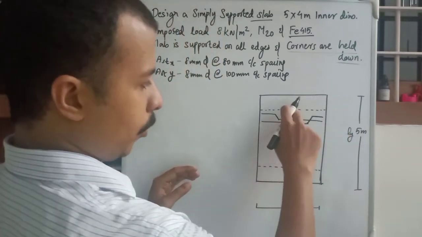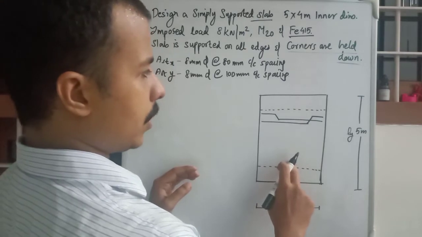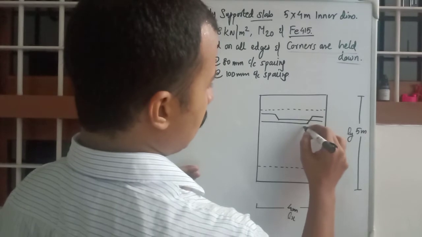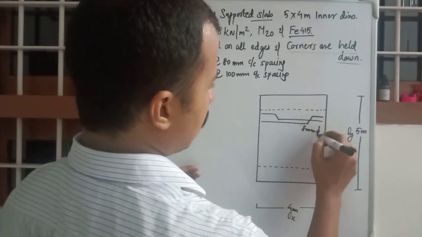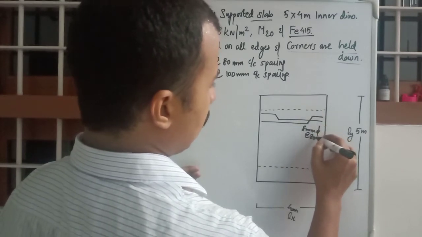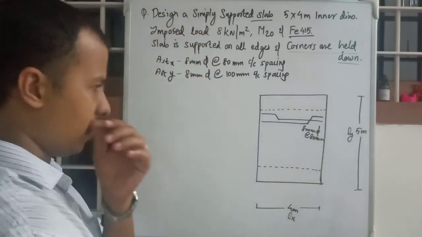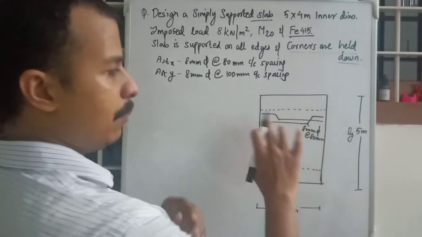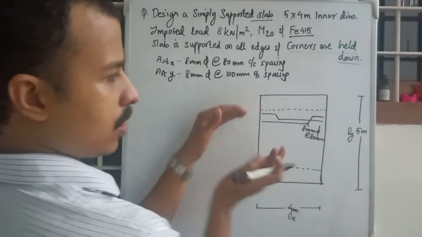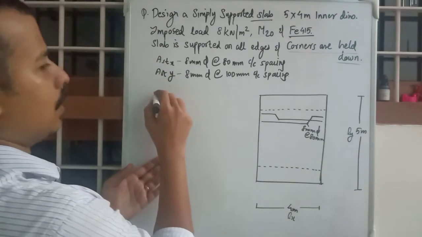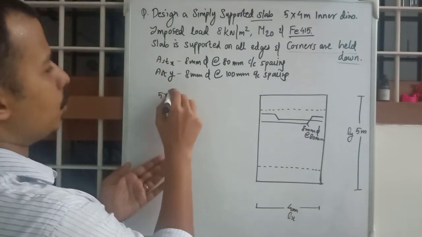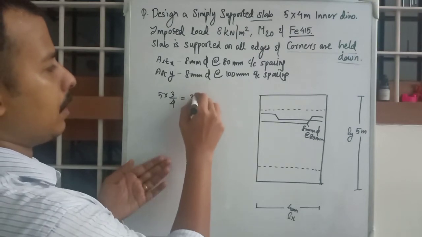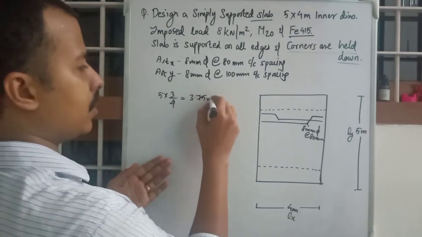Okay, from this point to this point. Understand? So this will be 8 mm dia at 80 mm spacing. From this point to this point along the middle portion, what will be the dimension of this? 5 into 3 by 4, that will be 3.75 meters.